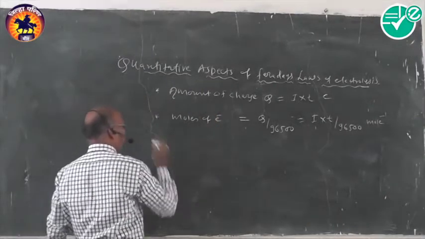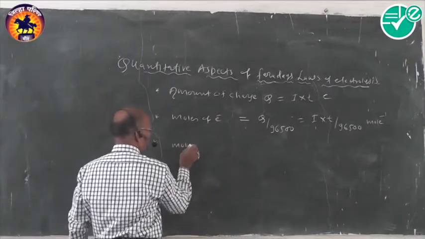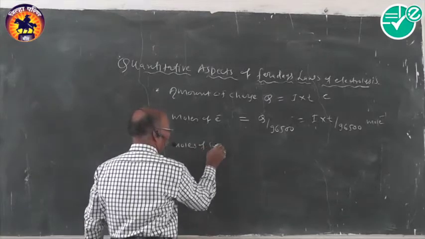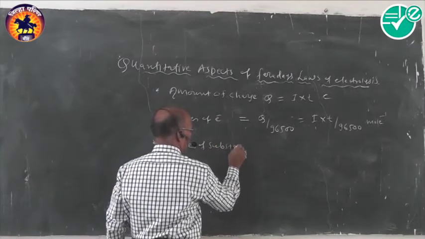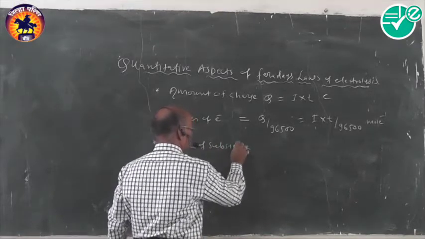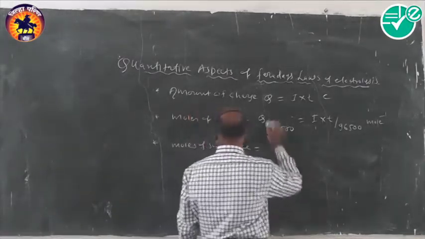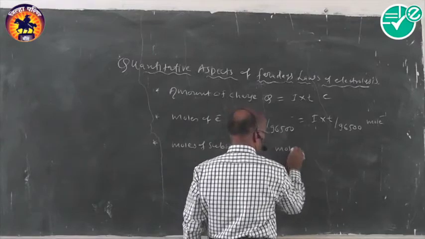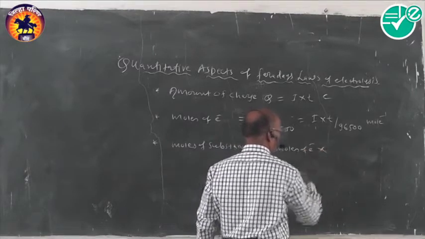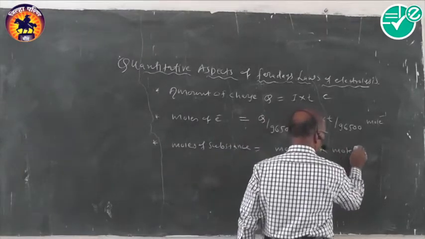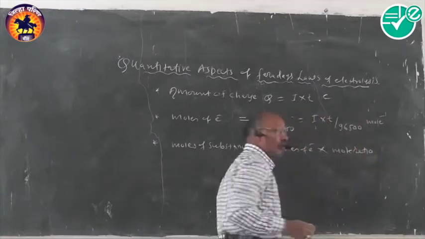After that, we have to work out the moles of substance deposited or liberated. Moles of substance deposited or liberated is equal to moles of electrons into the mole ratio. Now what is this mole ratio?